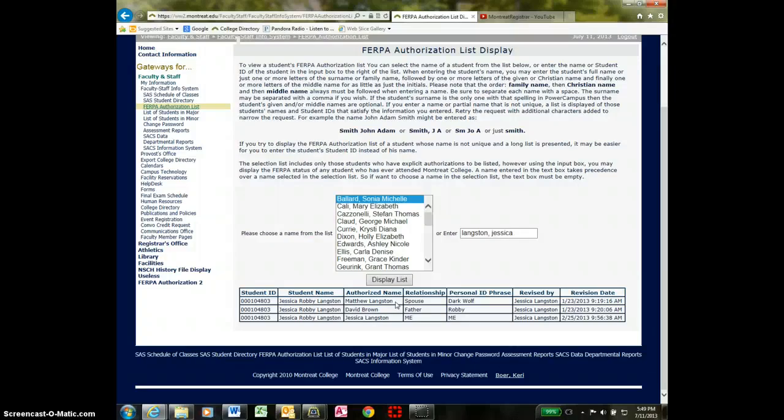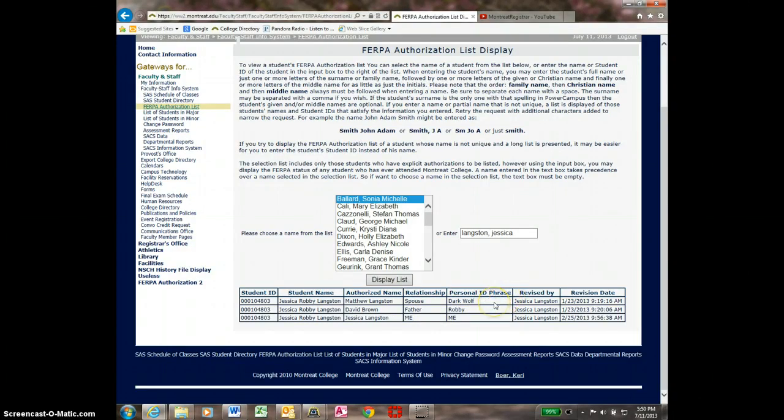If he called to say, you know, I'm filling out this form for historic information and I need to know Jessica's GPA when she graduated, I would be able to share that with him if he could prove that he really was Matt Langston. The way that we have to prove your identity for this system is the personal identification phrase, or the PIP.